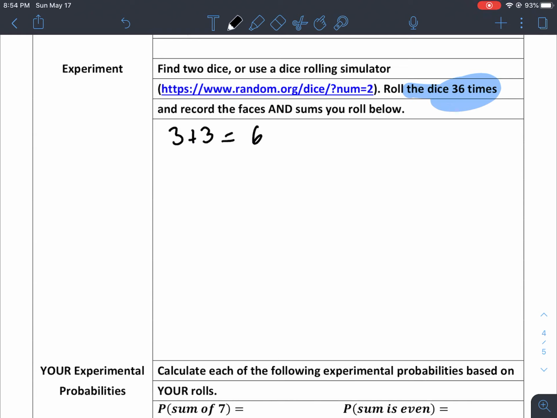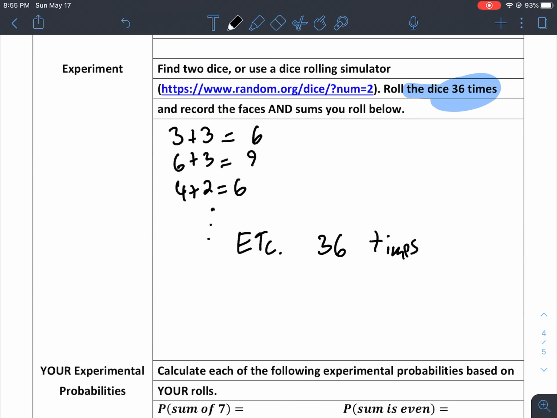So 3 plus 3 equals 6. That's how I'll write it. The next one was 6 and 3, which is 9. The next one was 4 and 2, which is 6, etc. 36 times.